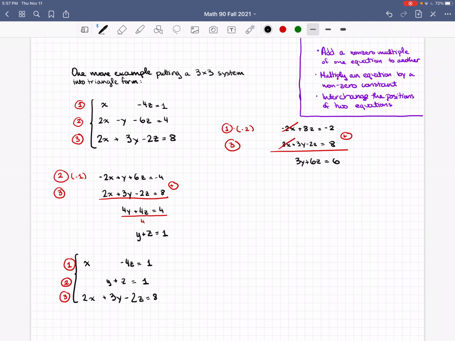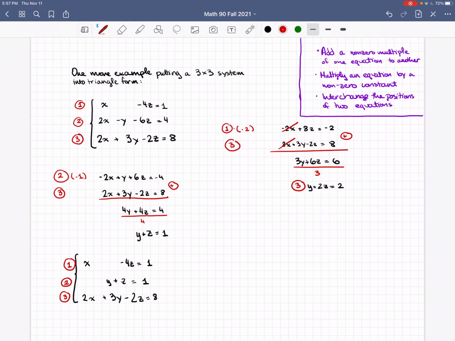Okay, so that's our new third equation. And again, we're pretty lucky. This doesn't always happen, but we can divide everything through by 3 to make it simpler. So we have y plus 2z is equal to 2. So this is my new third equation.